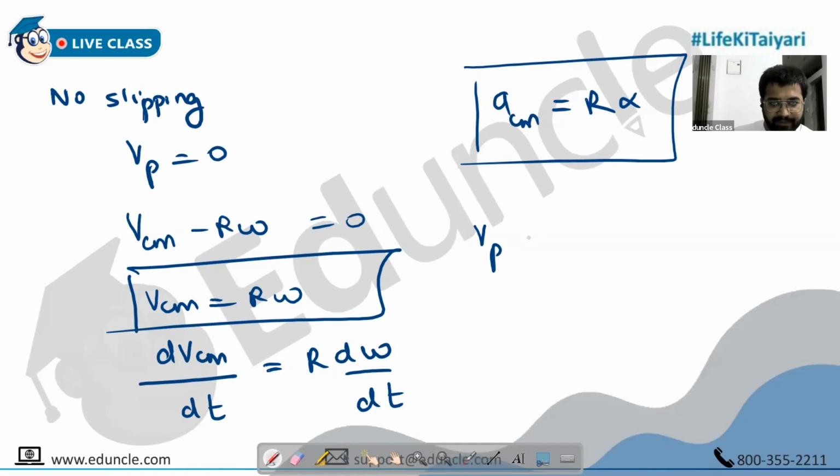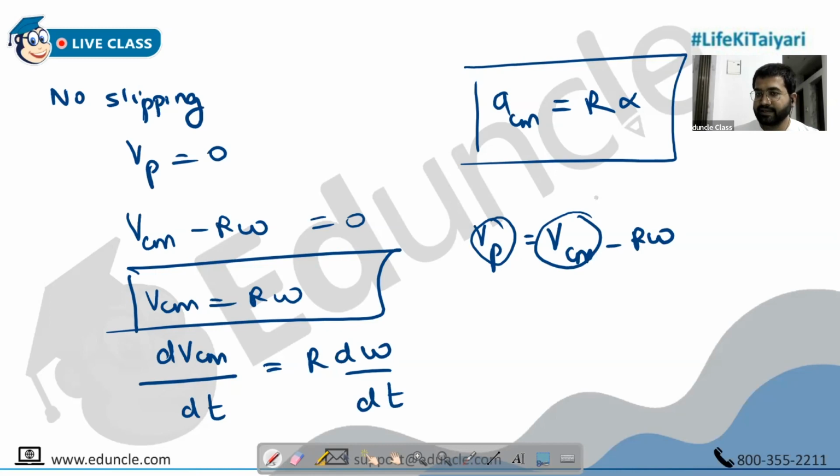But anyway, VP, like we know, is actually VCM minus r omega, but we know VP is 0. Now the question is, will VP always remain 0? What if VCM increases? If VCM increases, r omega increases by the same rate. Look at this, dVCM by dt is r into d omega by dt. So yes, VP will always remain 0 in this particular case. If VP is initially 0, then VP will have to remain 0.